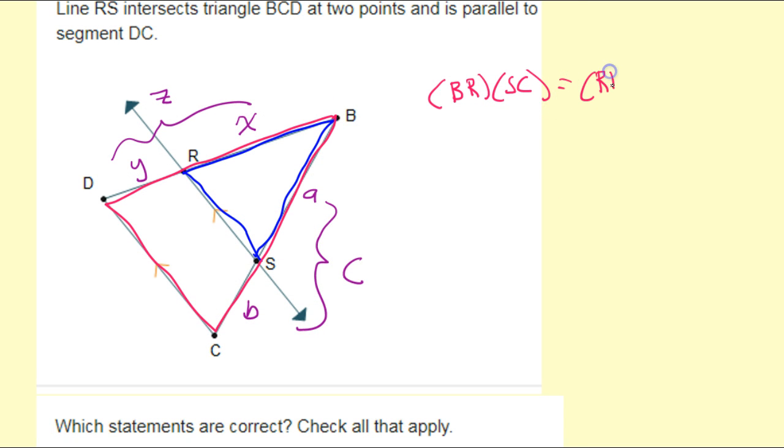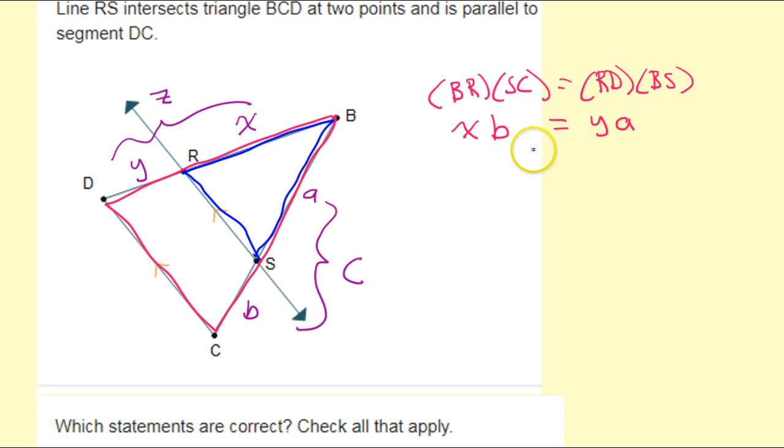So BR, that's X. And then SC, that's B. So we have XB is equal to, and then RD, that's Y, and BS, that's A. Alright, so we have XB is equal to YA.